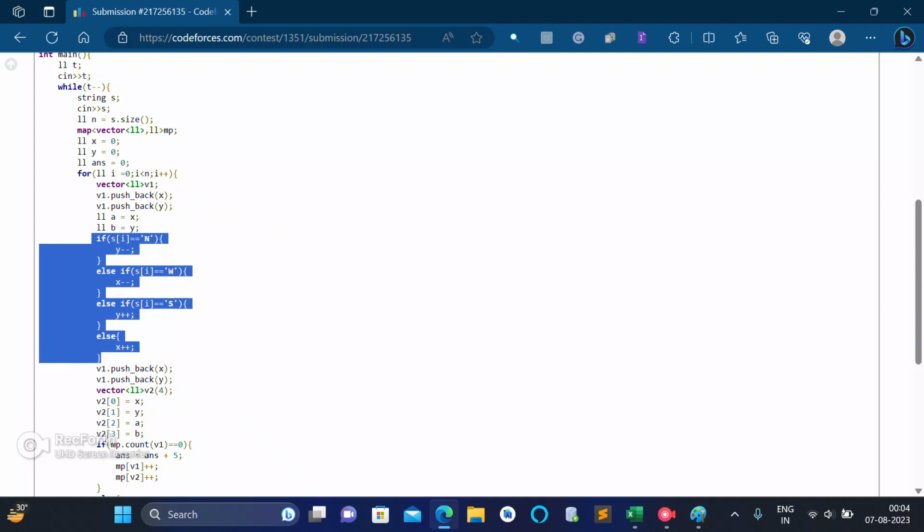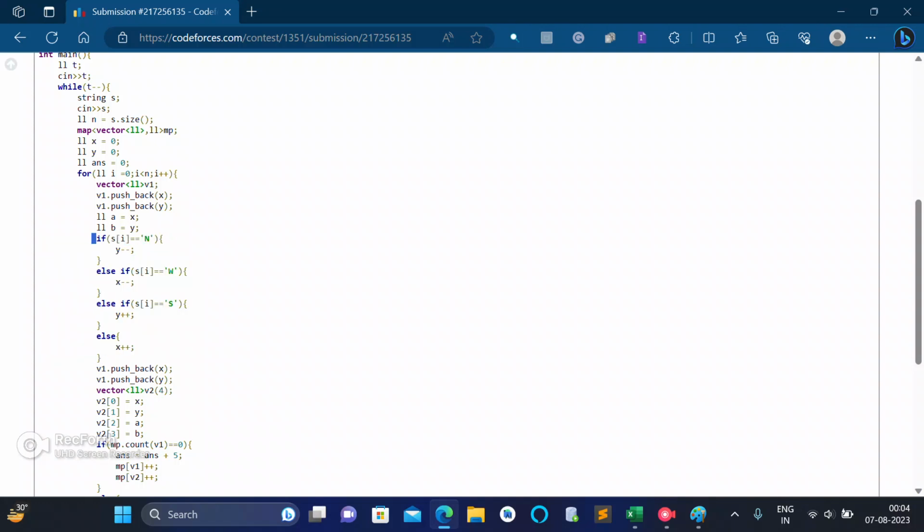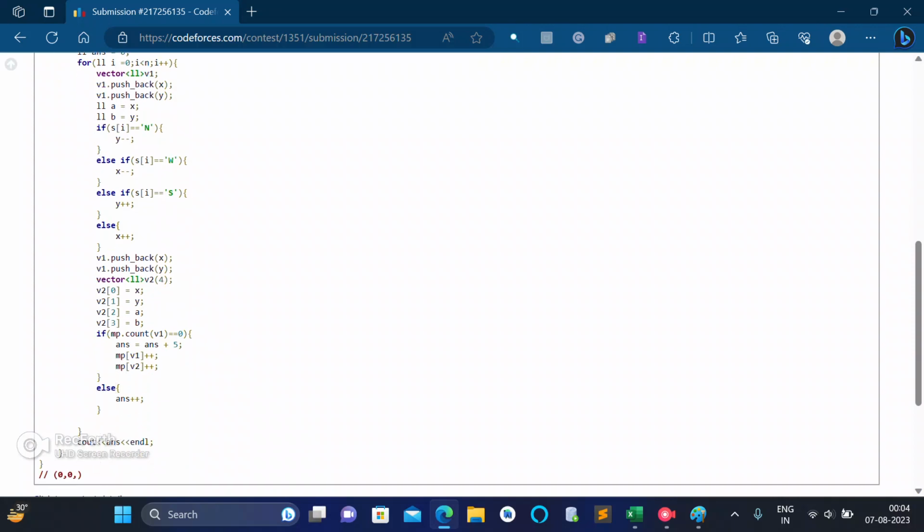Then, depending upon whether it is north, west, south or east, I make the changes to x and y, and then I push v1.pushback x and v1.pushback y. In v1 I have stored the forward path. Now in v2 I have stored the backward path.